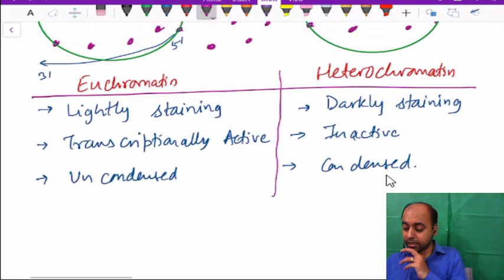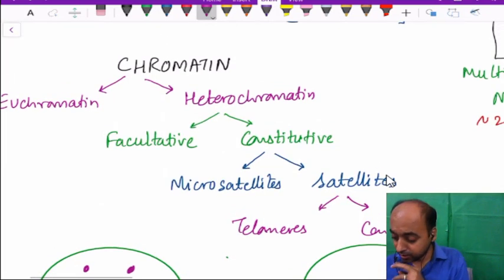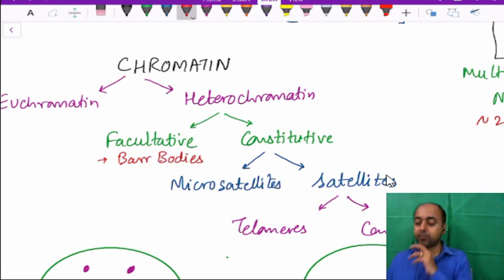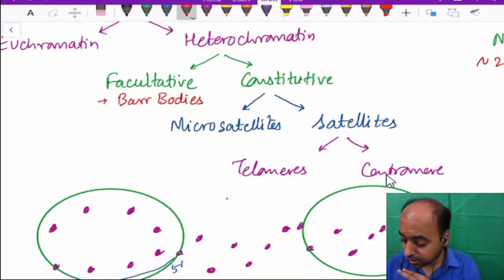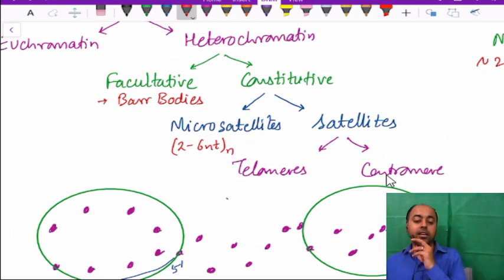Talking about the heterochromatin, the facultative and the constitutive heterochromatin, the example of facultative heterochromatin are the Barr bodies. The microsatellites are typically repeats having 2 to 6 nucleotides in length, which are repeating again and again.